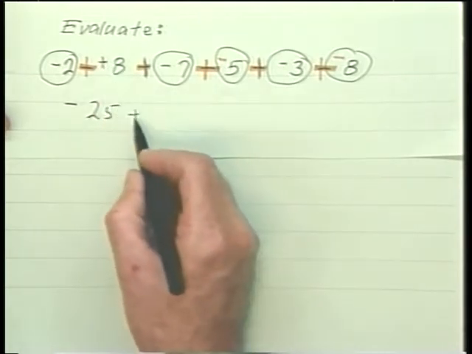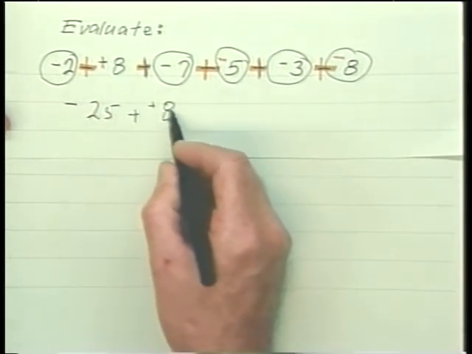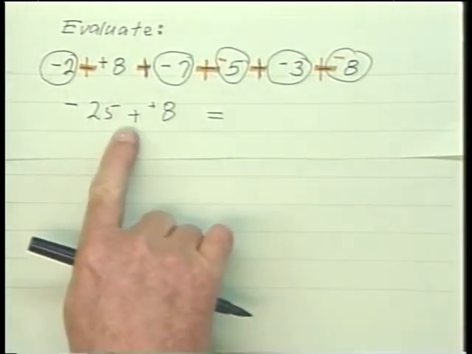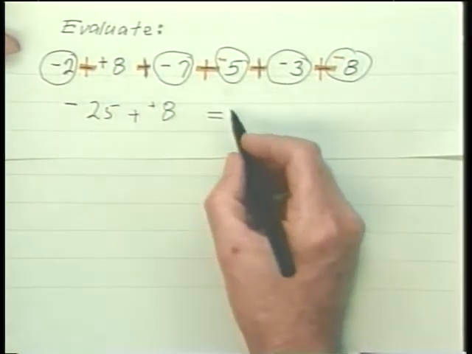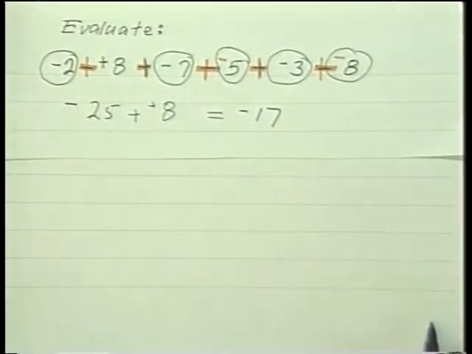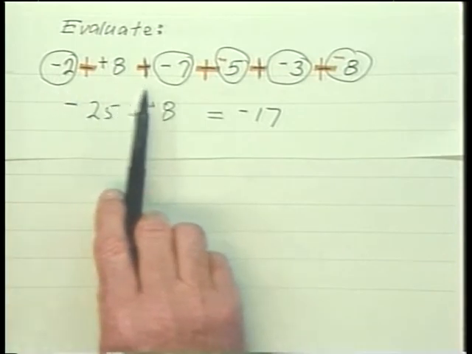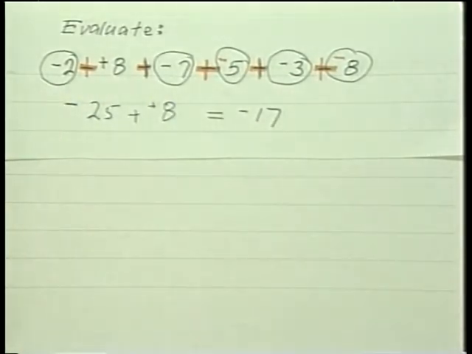And in this case, there's only one positive left. So now only once do we have to add unlike signs, which is going to be negative 17. So in more advanced algebra, you will routinely just go down the line and get rid of subtractions.